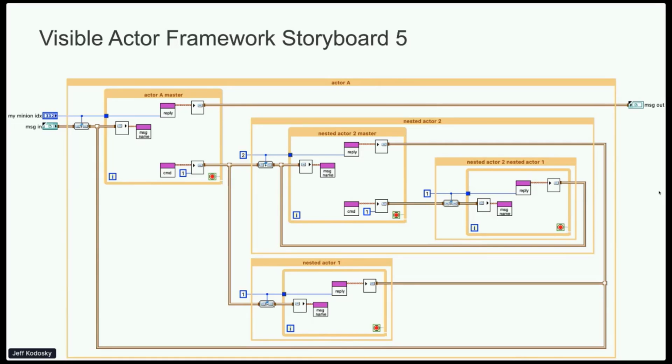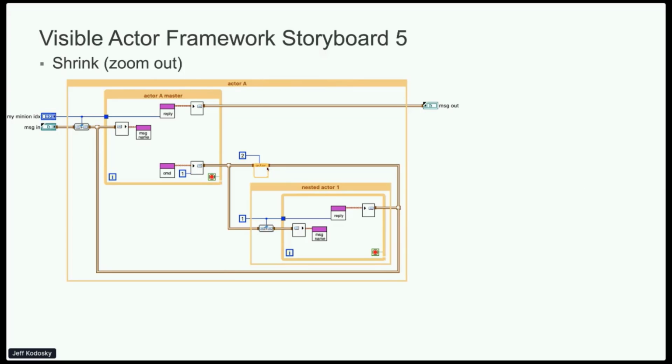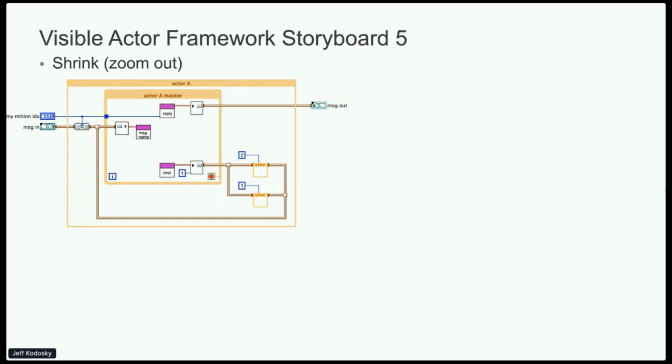Instead of showing all the nesting and sub-nesting on one diagram, you could pop up to shrink an actor to a sub-VI, just like we do for create sub-VI from selection. Shrinking an actor to a sub-VI is effectively like zooming out to a higher level of abstraction.